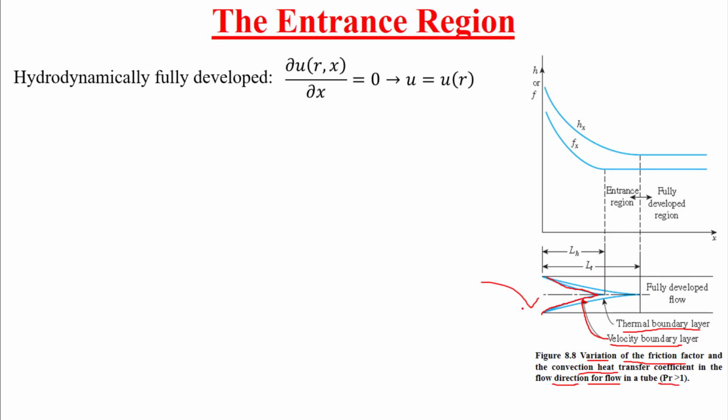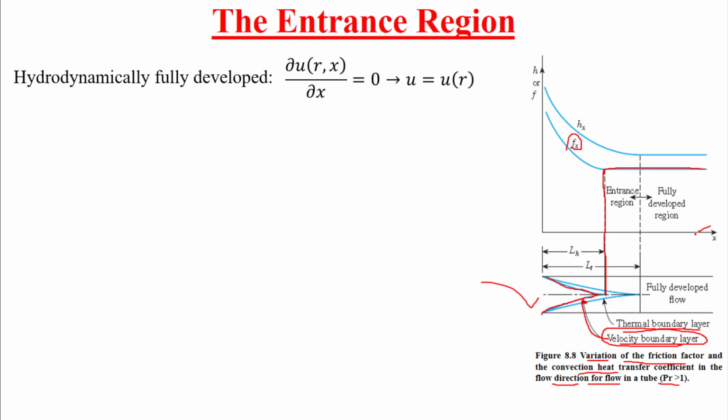For the velocity boundary layer, the effect of the entrance region vanishes here. I take a line like this, and the friction effect vanishes here and becomes constant.